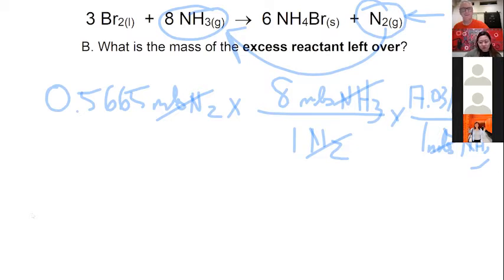No, sorry, bromine was limiting. Yeah, bromine was the limiting one, right? But it says the excess. What is the mass of the excess reactant? And I think the excess reactant here would be ammonia, right? So wouldn't we take the moles of N2 from the ammonia one instead of 0.5665? I think, Professor, you multiplied it by 17.031. It should be 17.0031. Yeah, it shouldn't matter though, for the mass.